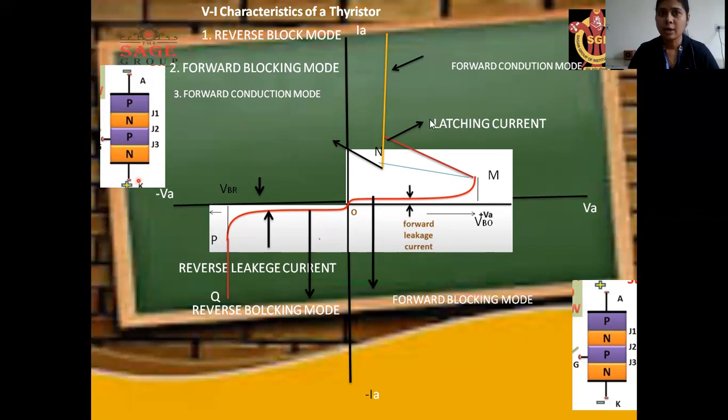So this is the diagram of the VI characteristics of SCR. In conclusion, we have three types of operating modes of SCR characteristics: the reverse blocking mode, the forward blocking mode, and the forward conduction mode. This is the diagram of the characteristics of SCR.